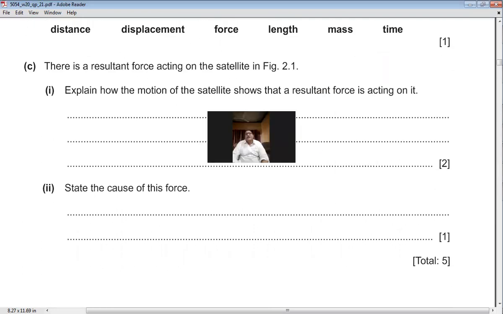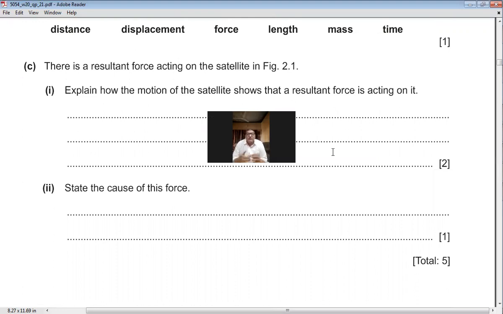So it means only the direction is changing. If the direction is changing, then there is a change in the velocity, and that shows there is a resultant force. The satellite is moving in a circular orbit. When you move in a circular path, your direction needs to change at every moment.